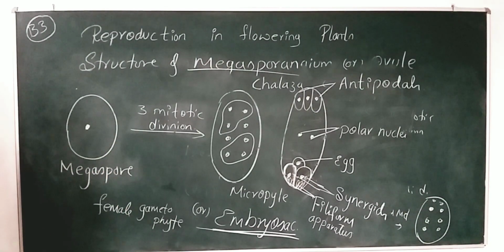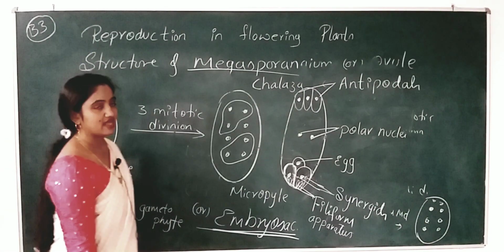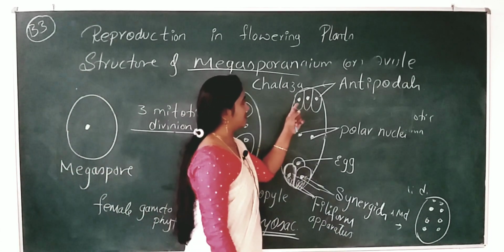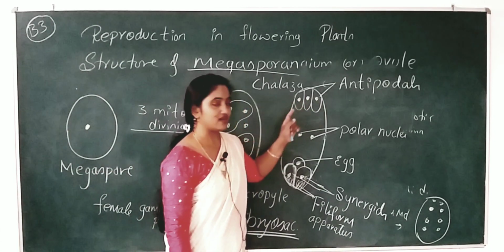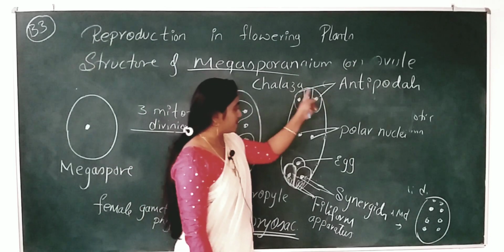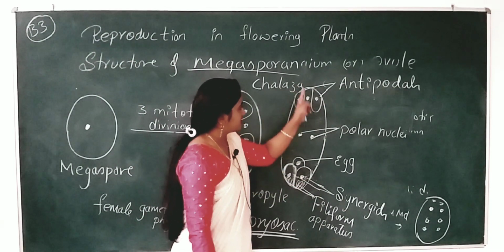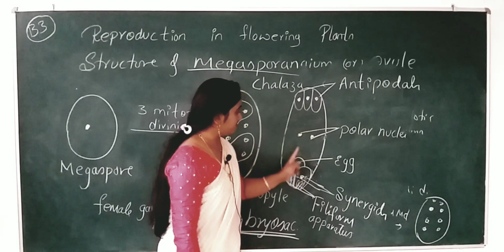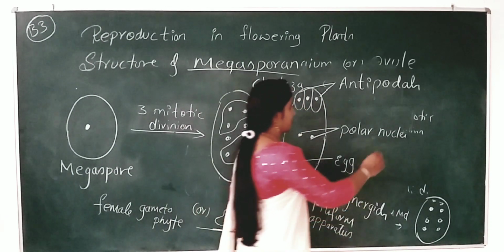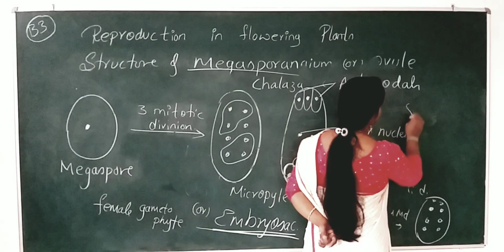So this is a 5-mark question. With description they'll ask. The important thing is you have to count the number of nuclei present in the embryo sac. So I'll count now. 1 nucleus, second, third, fourth, fifth, sixth, 7, 8. I'll write here 8 nucleated.